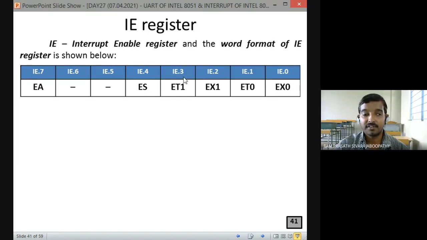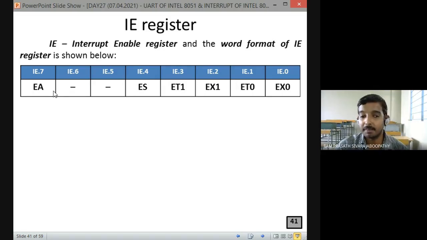So the 5 bits are available as IE0 to IE4. These 5 bits are the corresponding individual enable bits, and the logic is applied based upon these bits.